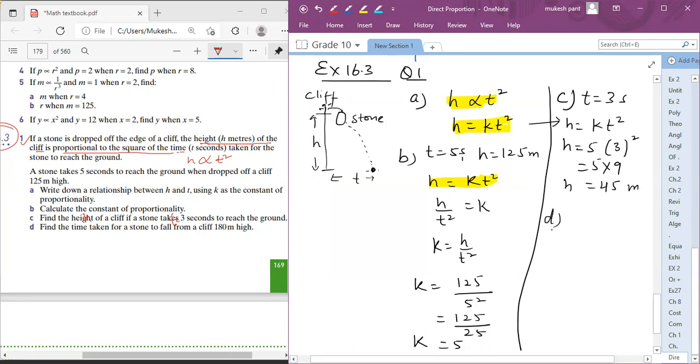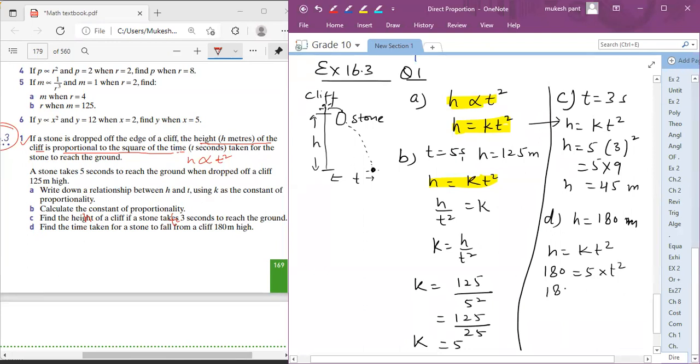And then in part D, time taken, h equals 180 meter. So we have to find out then obviously t. So h equals k t square. This is 180. This is the 5, right? k equals t square.